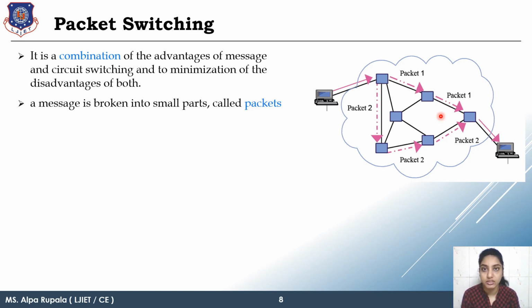Whenever we have fitted this information, we give the packets to the network and they will route independently on their own. The main aim is just to reach the destination, from the sender to the destination, for the individual packets.